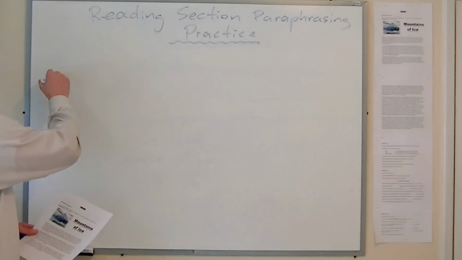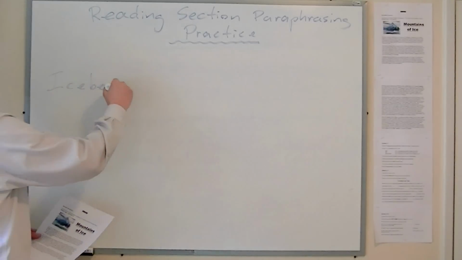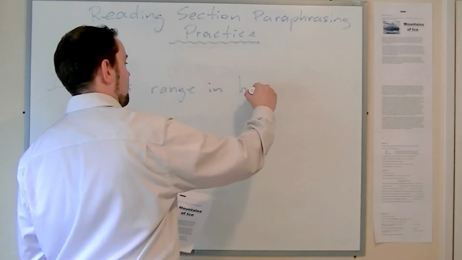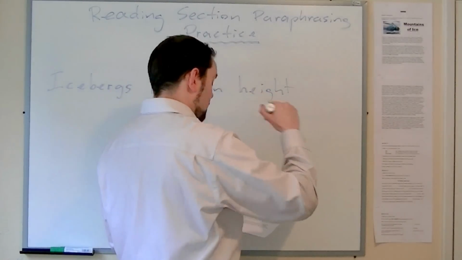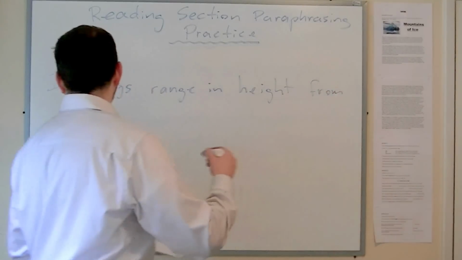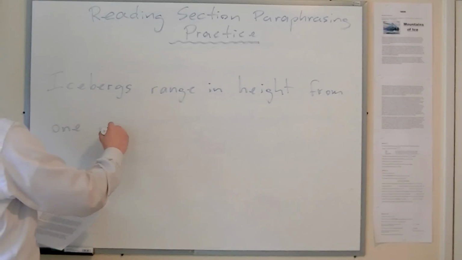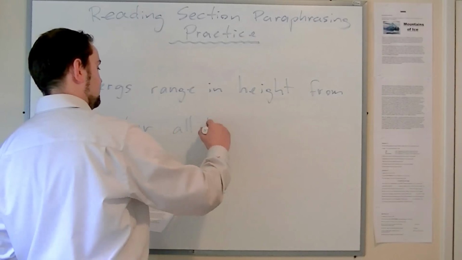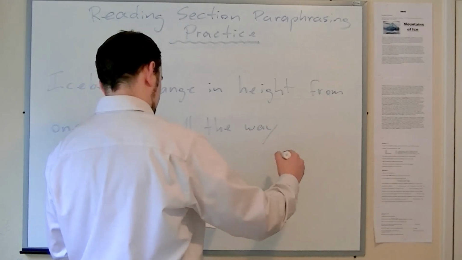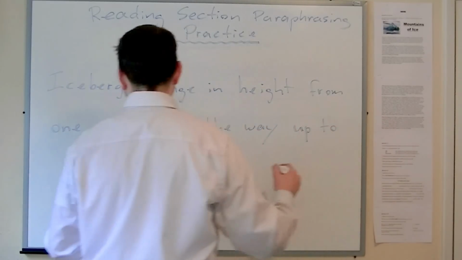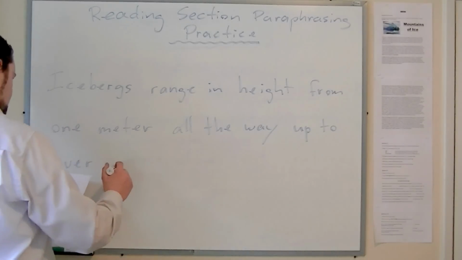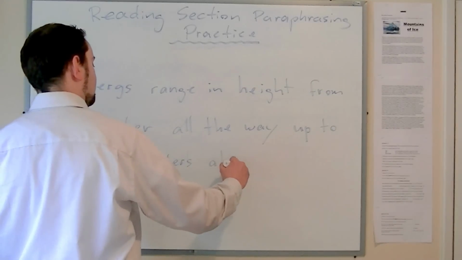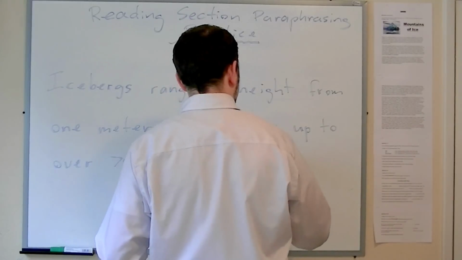So, icebergs range in height from 1 meter all the way up to over 75 meters above sea level.